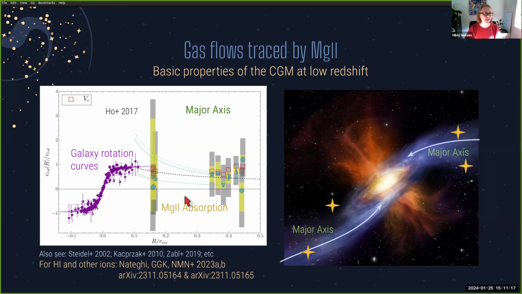I also want to highlight work by a student working with myself and Glenn Kacprzak here at Swinburne, Hasti Nateghi. She has looked at this for HI as well as a full range of other ions, and she's finding high co-rotation fractions there as well, but that the co-rotation fraction decreases as you move up in ionization. So have a look at her papers if you're interested in that.